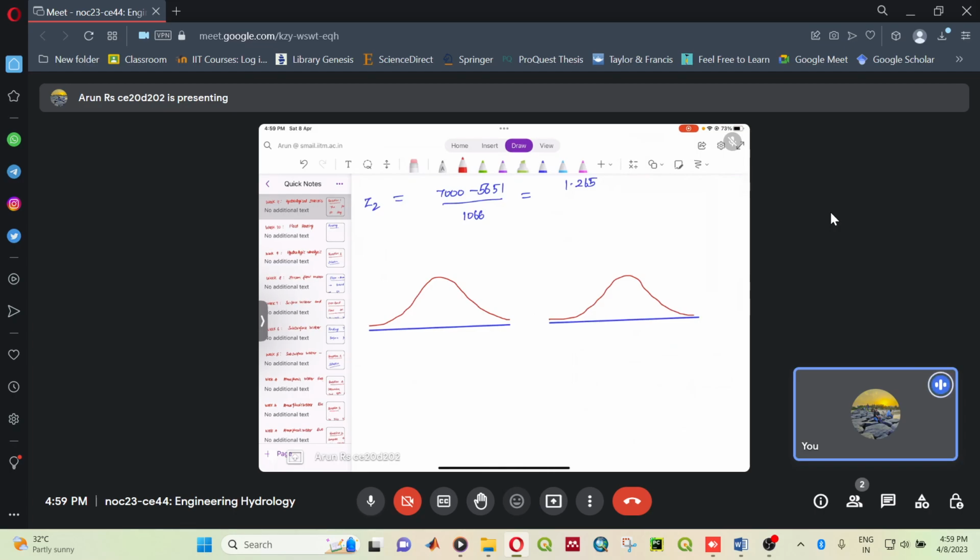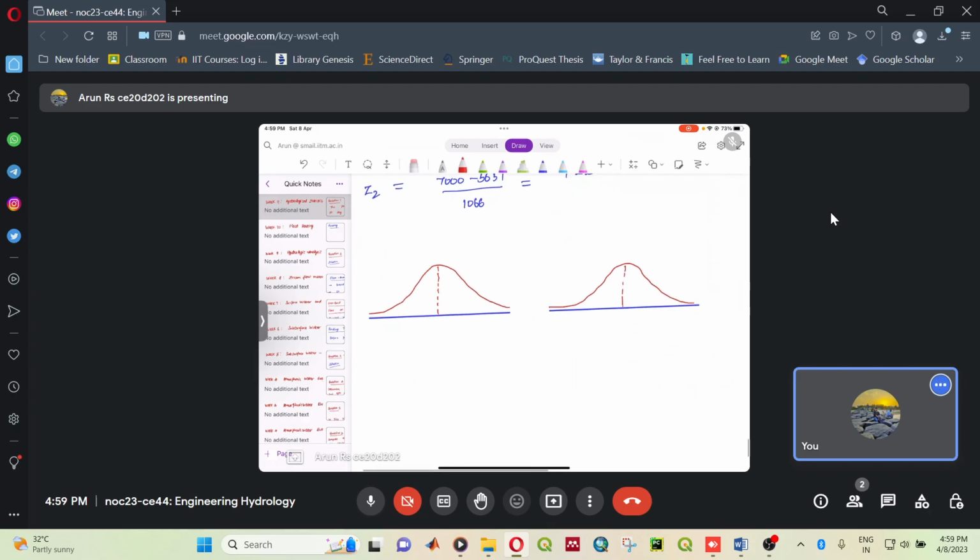So now we are going to make use of the normal distribution to determine the value of the probability. So let's say that this corresponds to 6000 and this corresponds to 7000, and we are going to find out what is the area under this particular curve. We cannot make use of this directly.